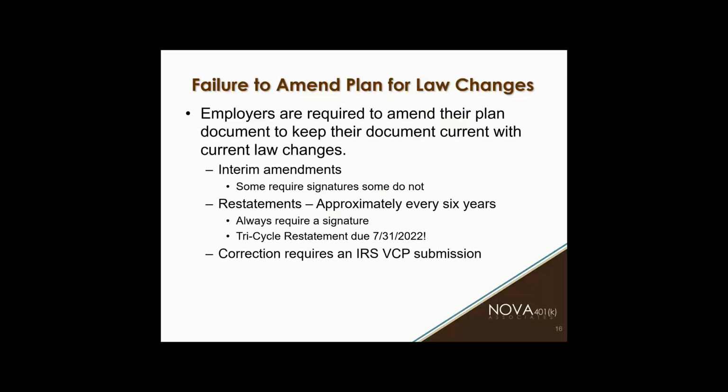We just went through a recent update called the Tri-Cycle Restatement, and all of you got notified that you needed to sign a new document. And if a document restatement like that is missed by a certain deadline, then you generally have to go in under the IRS's voluntary compliance program, which again, as we see, costs money. So it's fixable, but it does cost some money if you miss a required restatement or required amendment.